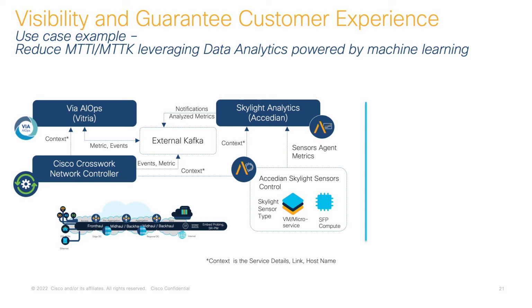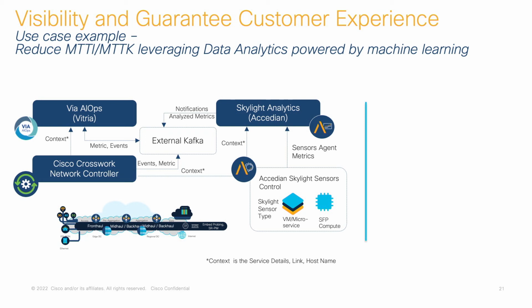So CNC knows which services it is deploying and setting up in the network. In the example of a layer 3 VPN service, CNC has the context of that and can then provide it through the Yang models into Skylight so that we can set up performance monitoring, for example, or a throughput test on the newly created layer 3 VPN service.